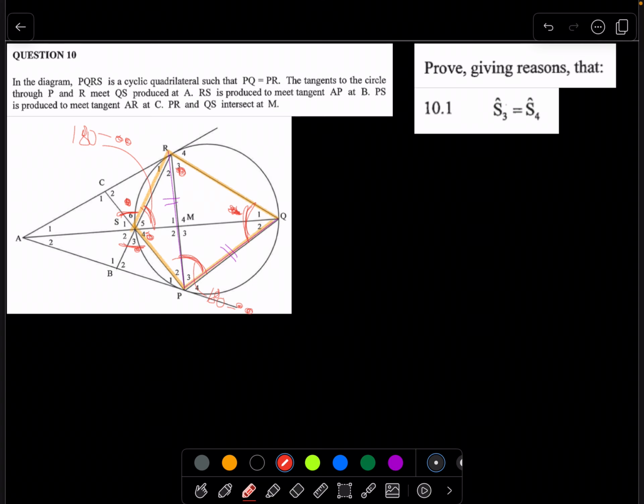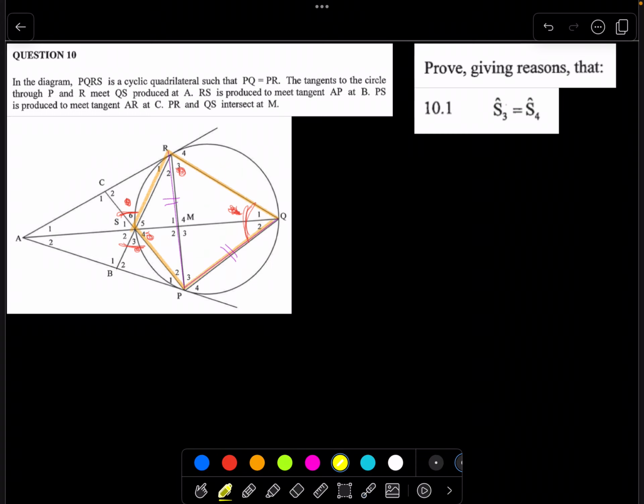Oh, okay, yeah, we can completely bypass these guys, and use the fact that S6 is an exterior angle to the cyclic quad, so these two will be equal, and then vertically opposite gives us those two being equal.